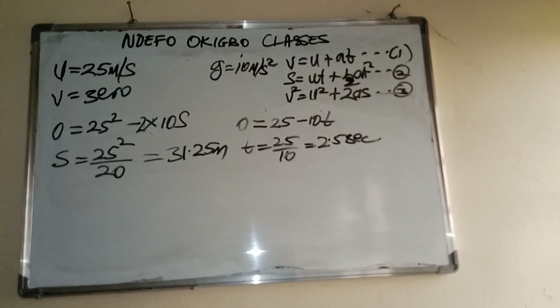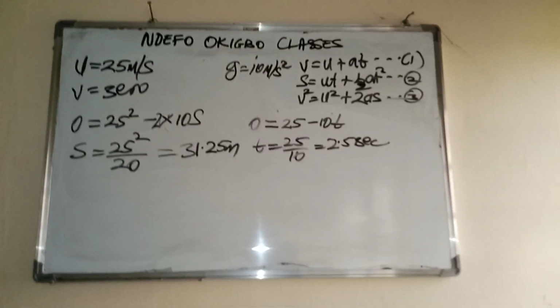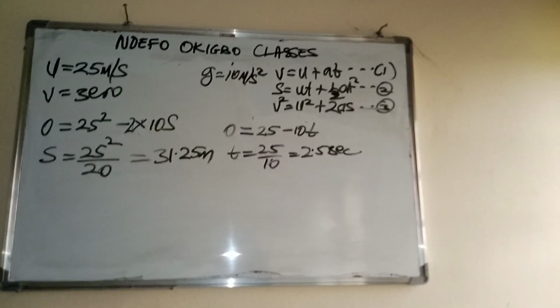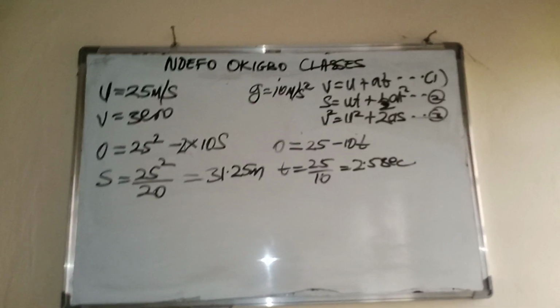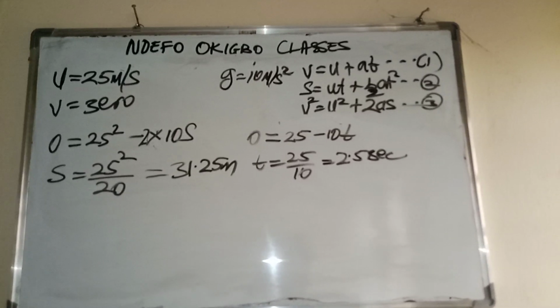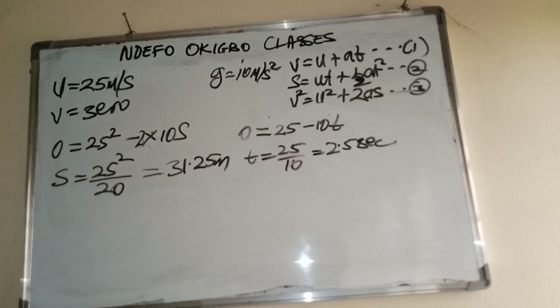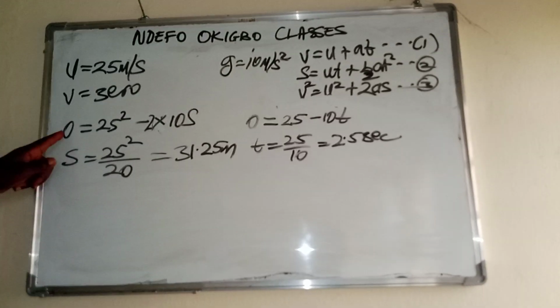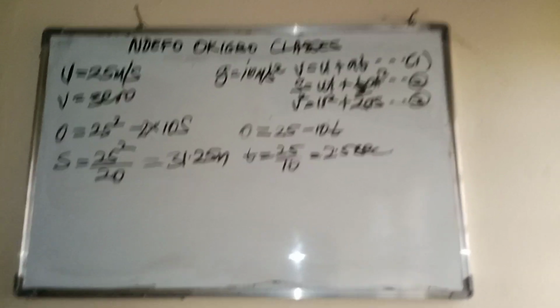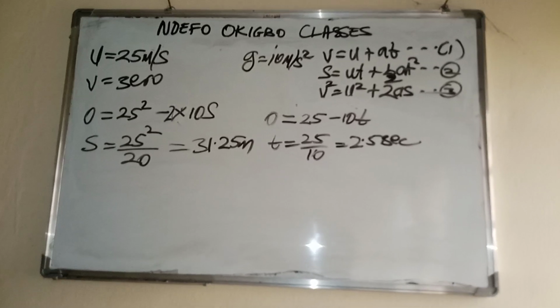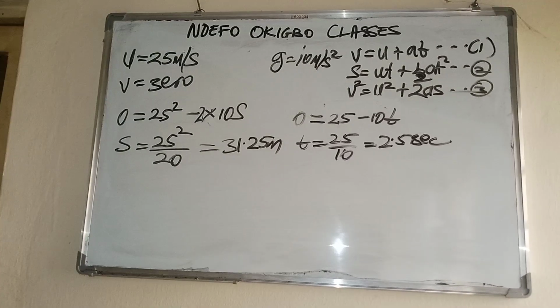But if one doesn't want to do it like that, one wants to still get it. When it's coming back, it is double that. But if one still wants to calculate it, one can say that when it is coming back, this final velocity when it was going up now becomes the initial velocity.